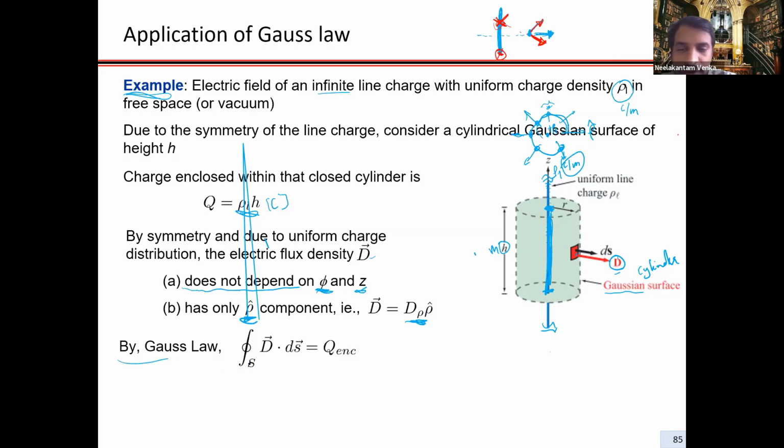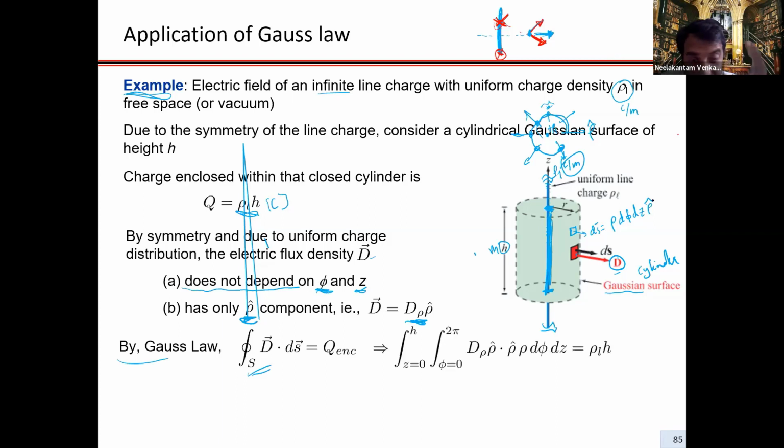Then you apply Gauss's law, saying that this is my D dot dS. For this surface, rho is fixed, because for the surface of the cylinder, rho is fixed. That means the two others are changing, which are d phi and dz. So you make dS equal to rho d phi dz, in the rho hat direction.